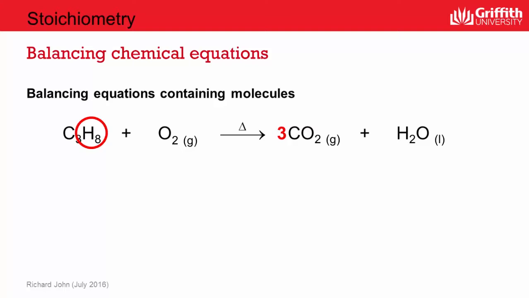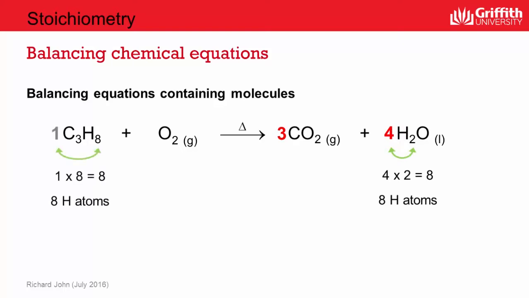Remember, we're leaving oxygen till last. I've got 8 hydrogen atoms on the left hand side, and I've got 2 hydrogen atoms on the right hand side. So to balance those hydrogen atoms, I put a big 4 in front of the water. So that means my 4 times my 2 hydrogen atoms equals 8 hydrogen atoms, which balances the 1 times 8 hydrogen atoms on the left hand side.